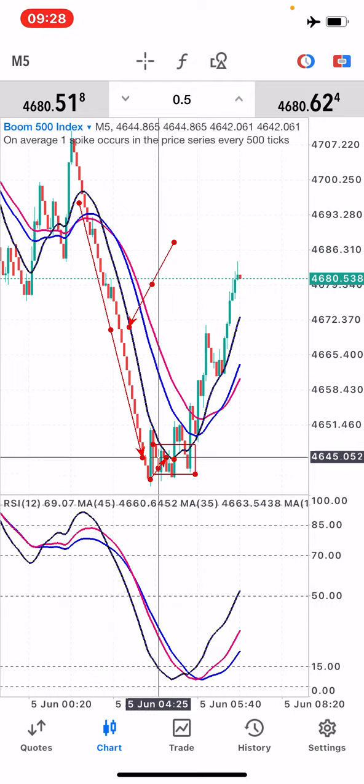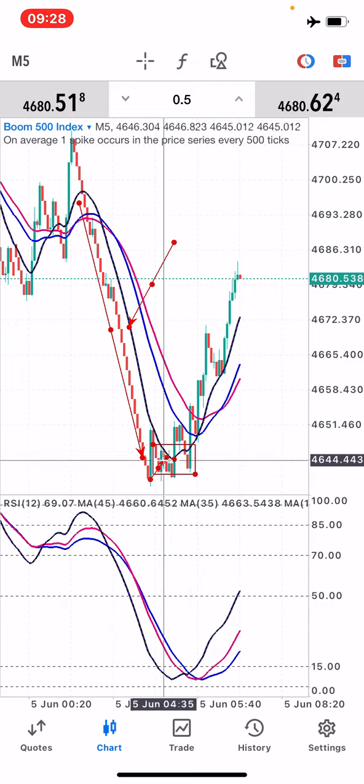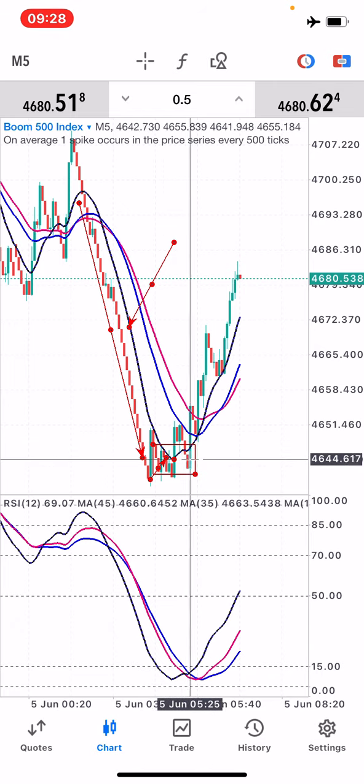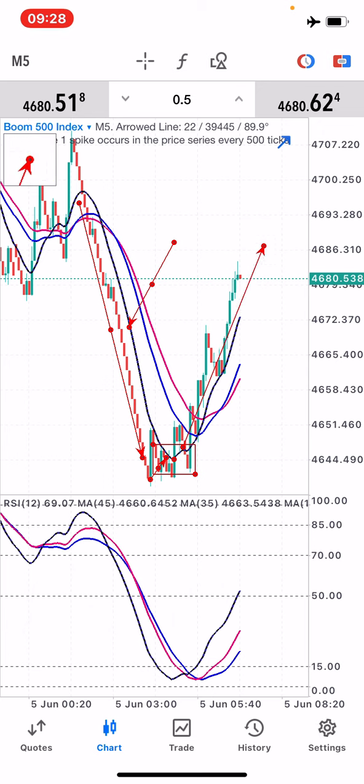Why? Because we have seen that price has crossed or has bounced on our support zone, basically. So what happens when we see that? We expect price to push up, right? We expect price to push up from that region. Okay? So basically, we are now looking for buy trades.